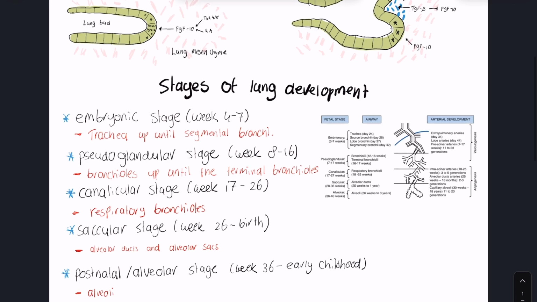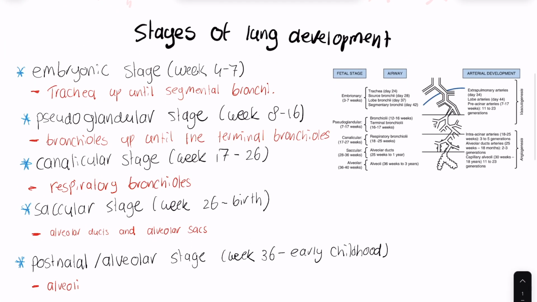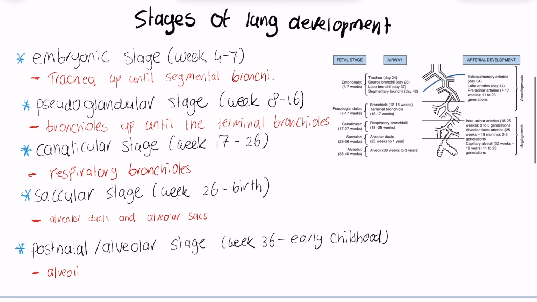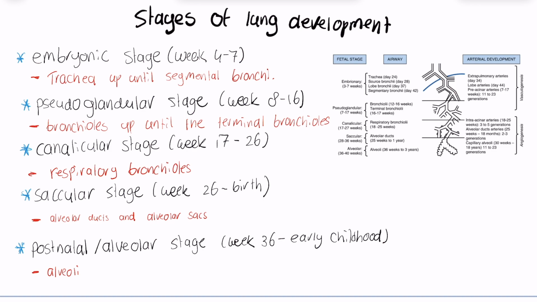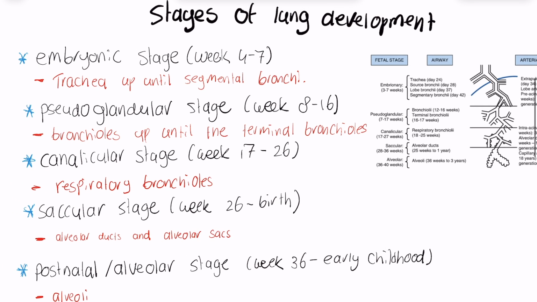And then lastly, we have some stages of lung development. We have 5 stages in total, and in each stage, different parts of the lungs are made. So the first stage is the embryonic stage, from week 4 to about 7.